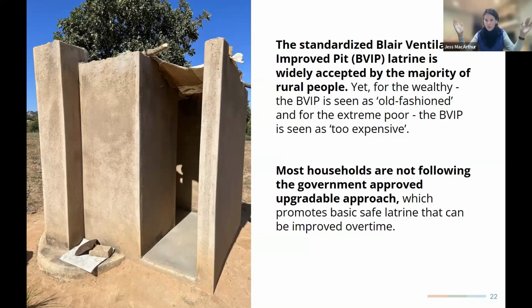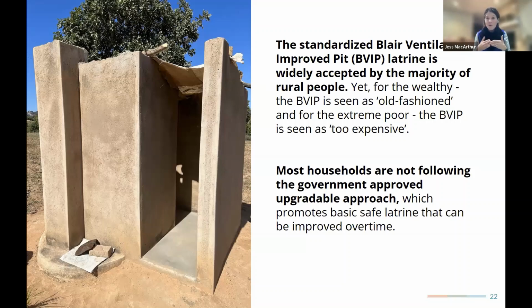Yet there are 2 groups that don't necessarily accept the latrine, and those are on the extremes from a wealth perspective. So for the very wealthy, the BVIP is seen as old-fashioned. And for the extreme poor, it's seen as too expensive. So there's a big group in the middle that are fine with the BVIP, but we're looking at those 2 extremes, the rich and the really poor.